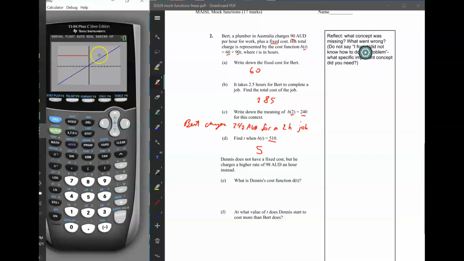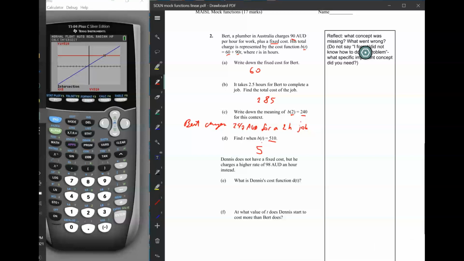Then we could see that the 510 horizontal line crosses the blue line here, and if we find this intersection, second calc intersect, and hit enter 3 times, we can see that the intersection is at 5, 510. So basically the x value or the t value is 5 when the y value is 510. So remember, when it says b of t equals 510, it's saying the y value is 510.